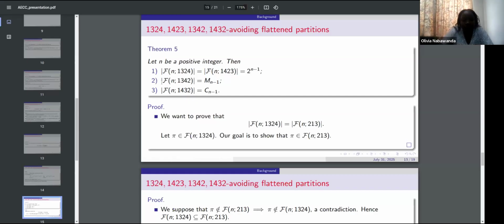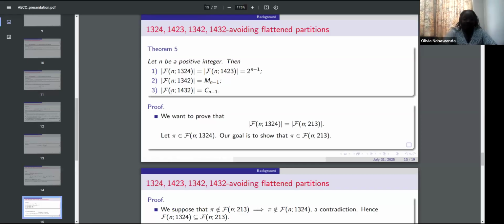Then 2, we have that the number of 1342 avoiding flattened partitions gives us the Motzkin sequence. And we also had a Motzkin sequence under patterns of length 3, and that was pattern 231.